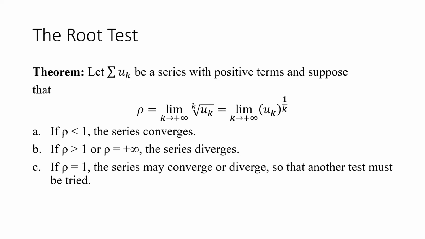If rho is less than 1, the series converges. If rho is greater than 1 or rho is equal to positive infinity, the series diverges. And if rho is equal to 1, the series may converge or diverge.